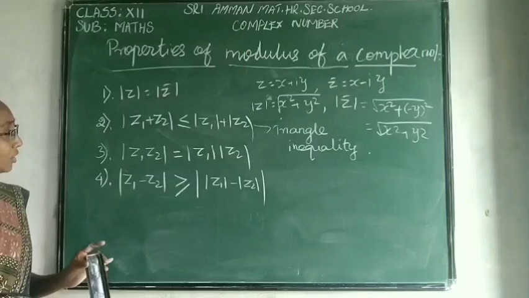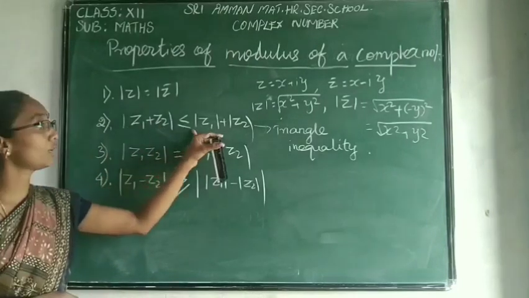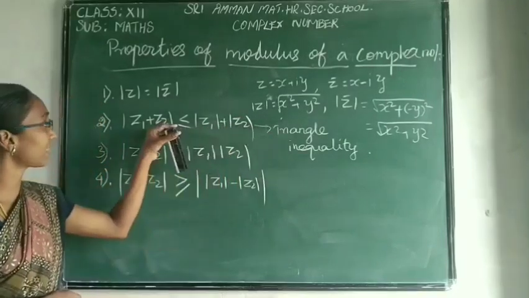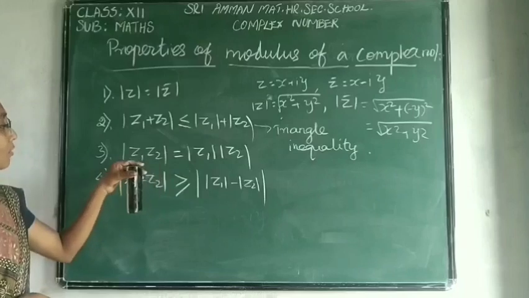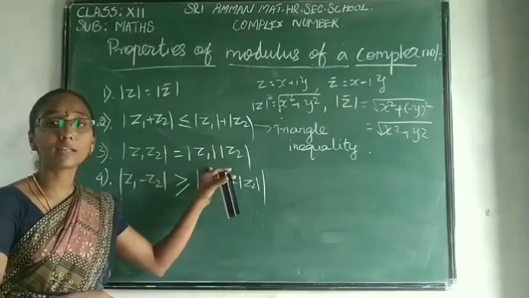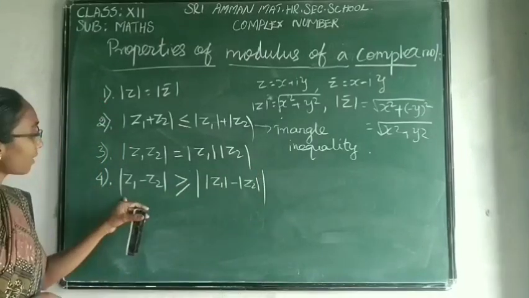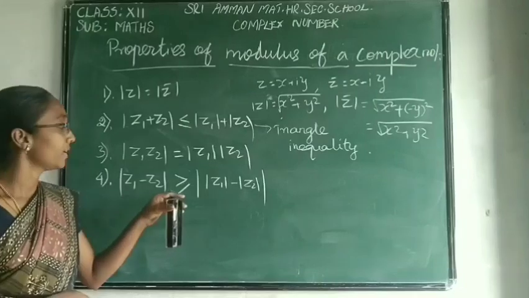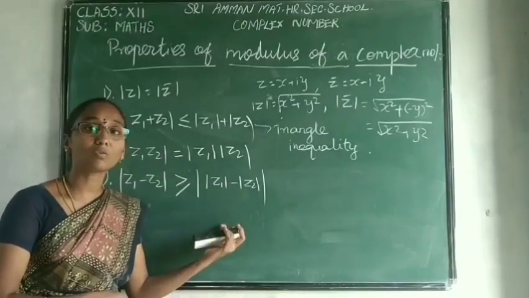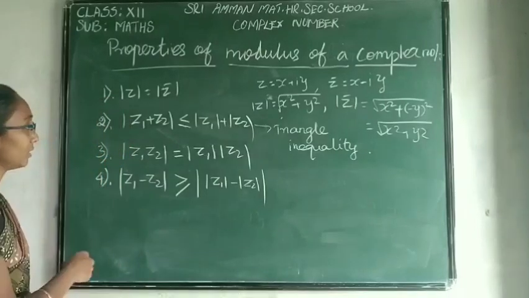Noting this point: modulus of z1 plus z2 is less than or equal to modulus of z1 plus modulus of z2, the product is equal, and modulus of z1 minus z2 is greater than or equal to modulus of z1 minus modulus of z2.